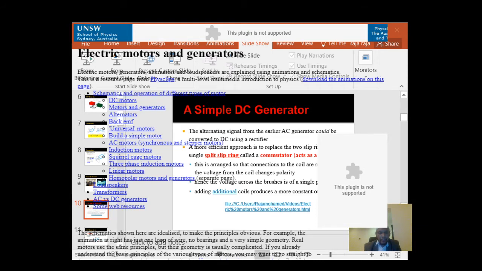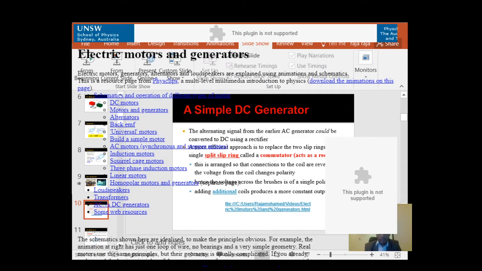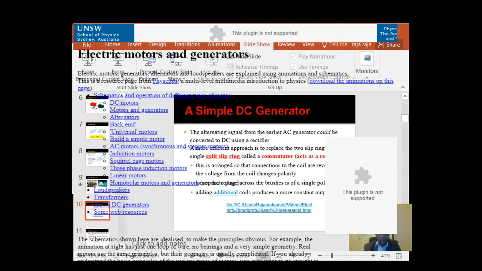Okay, so now you see here, if you play it, you can see the DC is generated from the DC generator.